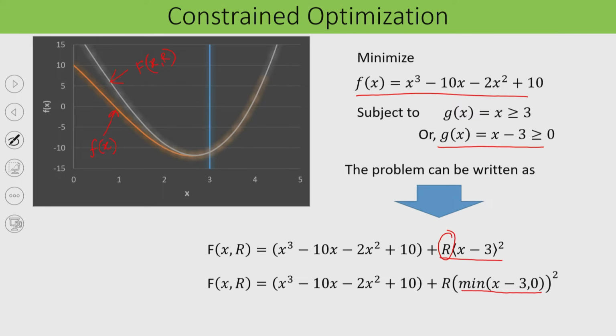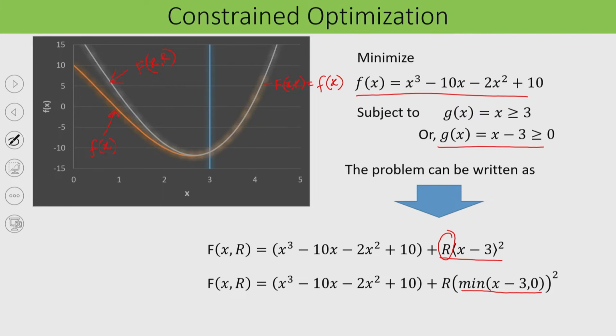Now, I will try to find the minima of F(x, r). There is no penalty in the feasible region, so here F(x, r) is equal to f(x), but here the small f(x) and capital F(x, r) are different.